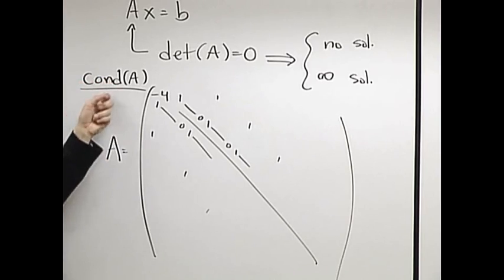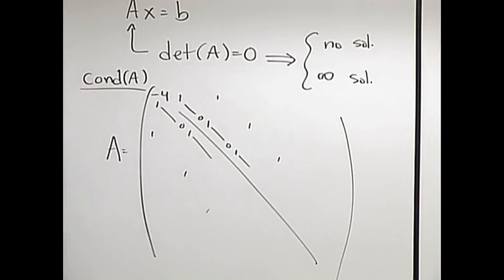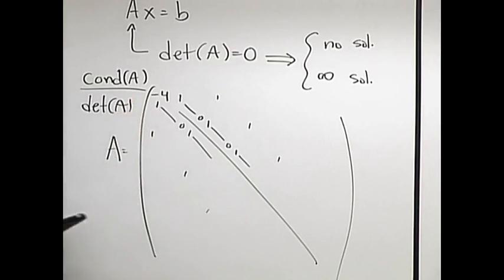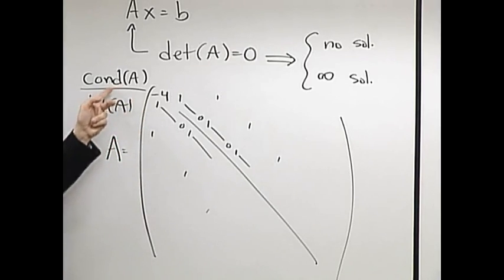And this is really telling you how close to 0 the determinant is. You can check a determinant by doing det(A) too. But this is the way you check it. Condition number. That's the more accurate way. And there are reasons for that, but I won't go into them here.